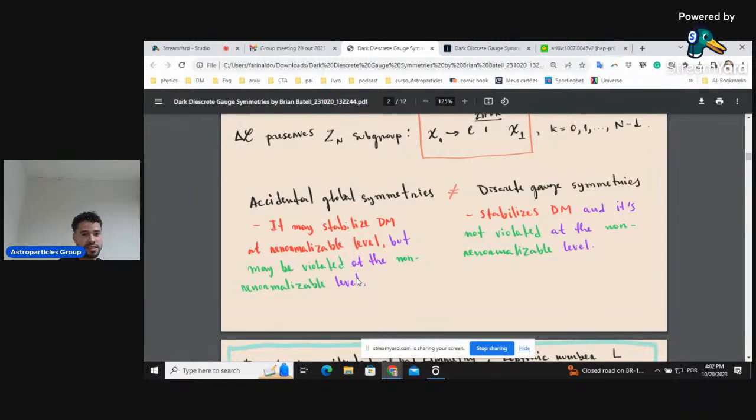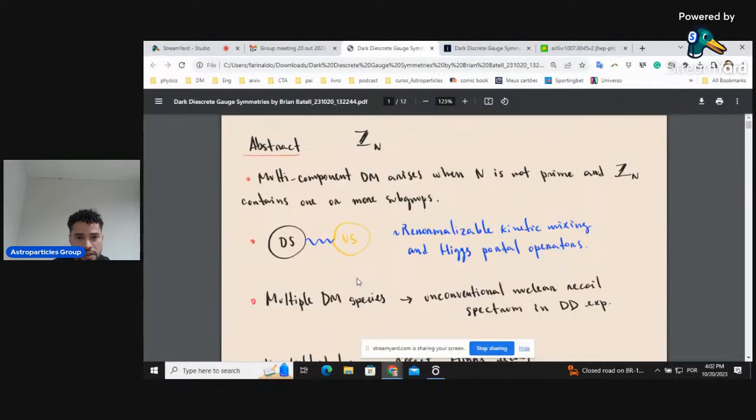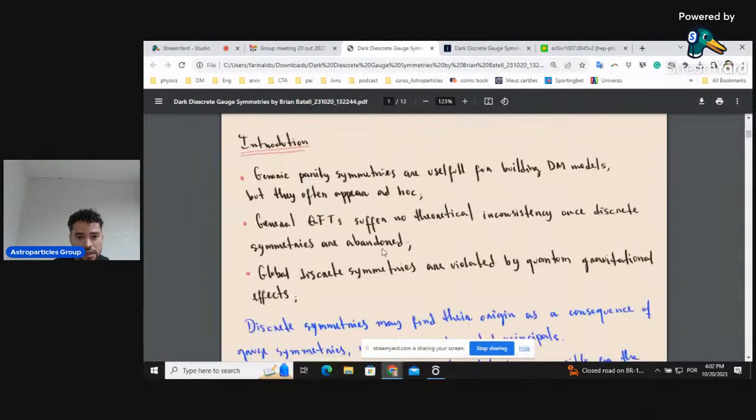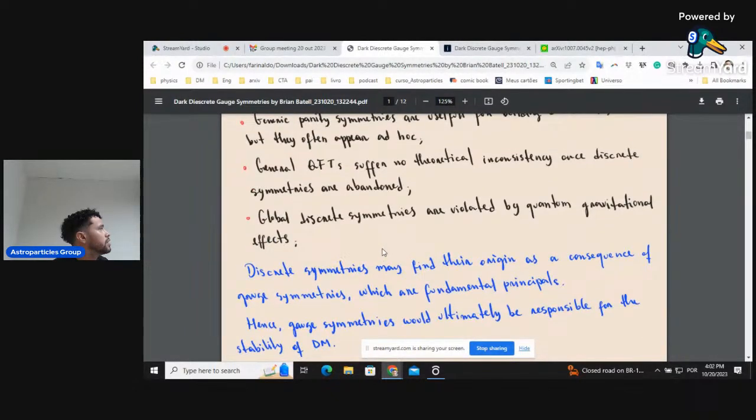I know, but look, go up. Go up. The first slide. Here, then, okay. Go back. Go down. Here. There. That's the problem. Global discrete symmetries are violated by quantum gravitational effects. Yes. So this is not easy at all. Yes. So this has to do with the hair theorem.